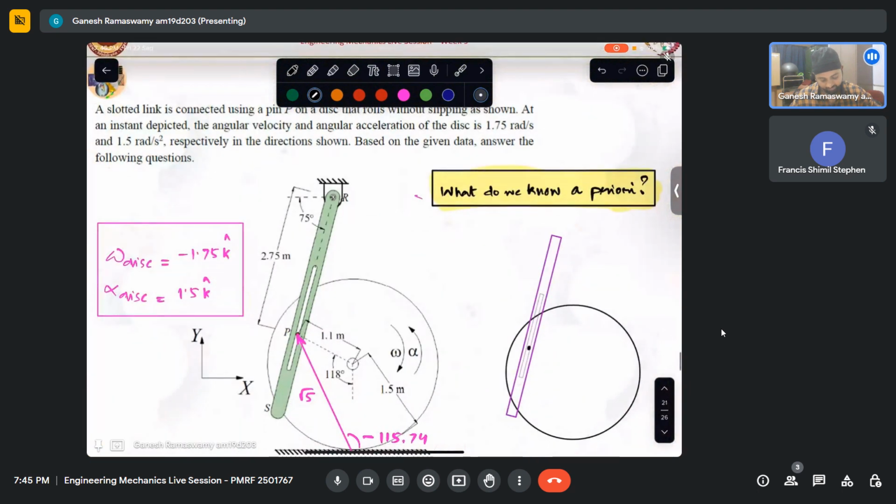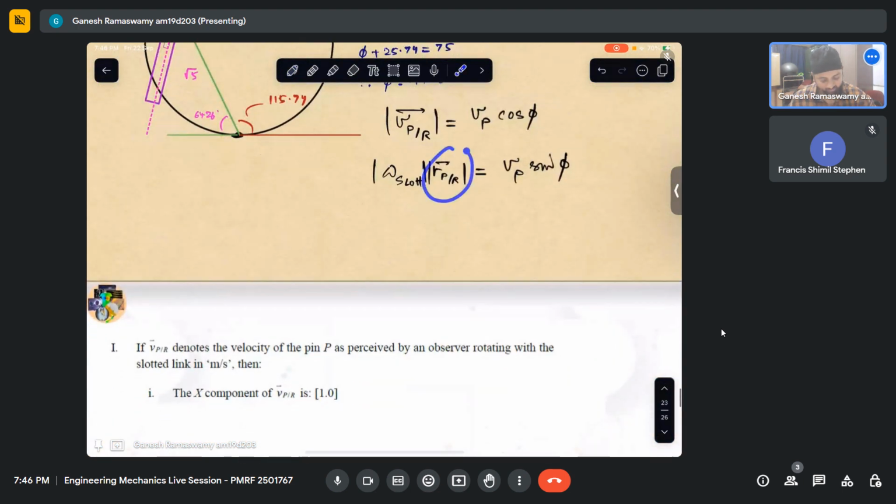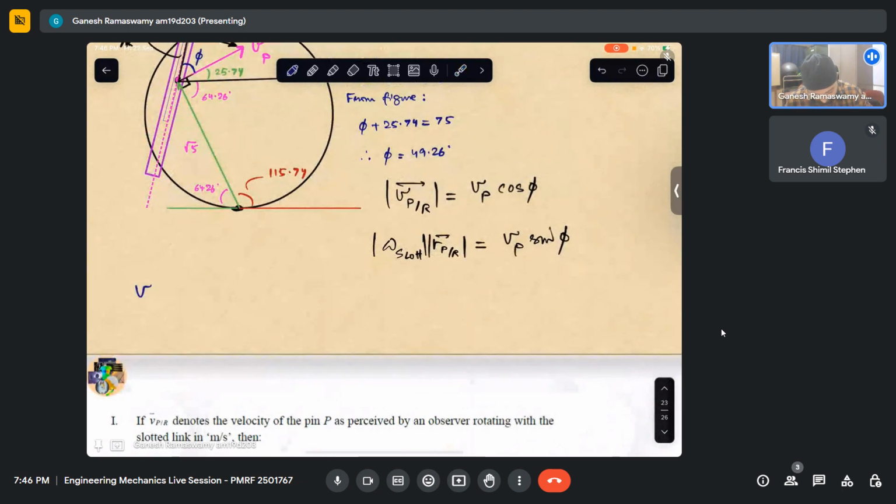Now in the question, I know this distance. It is given. At the instant, this distance is 2.75 meters. So V of P with respect to R is nothing but the magnitude Vp.